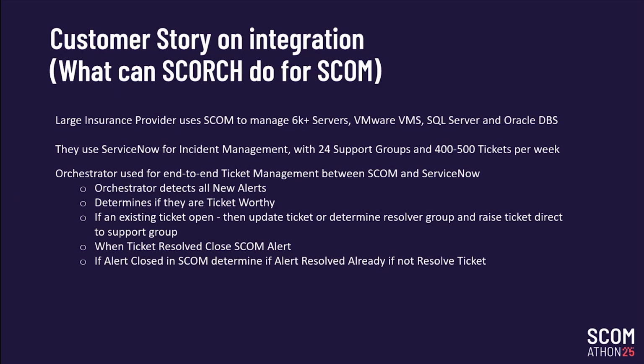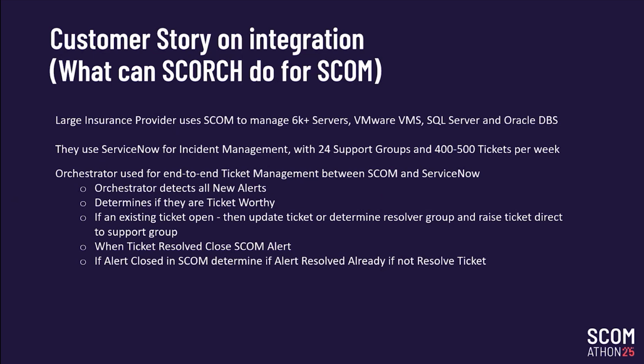So Orchestrator is watching Operations Manager for all new alerts that are coming in. The customer has provided some rules which determines if the alert is ticket worthy. So we look at the alert, and based on rules that they've defined, we then actually will go and say, yes, this is an alert that needs to be raised in an incident ticket.